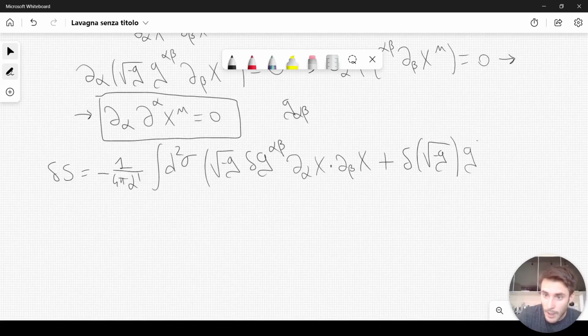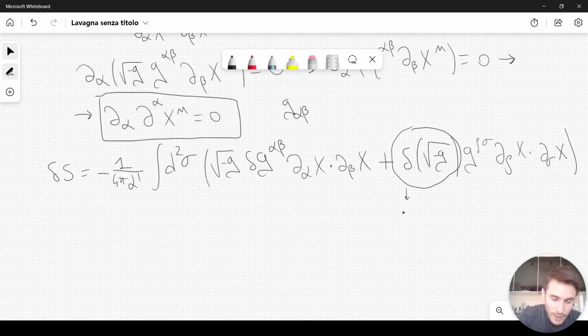So you have g^{ρσ} ∂_ρ X · ∂_σ X, like this. And now we have to remember how to take the variation of the square root of minus g. This is quite simple.